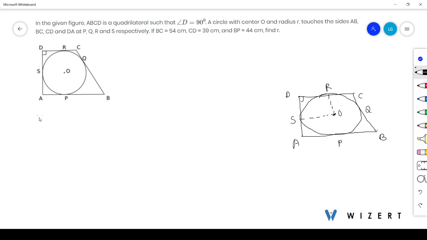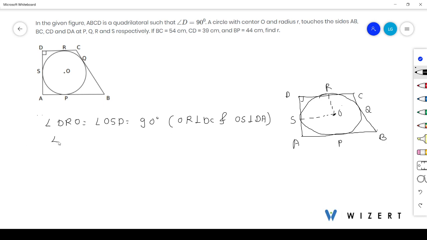Now here, the tangent to the circle is perpendicular to the radius at the point of contact. That is, OR is perpendicular to DC and OS is perpendicular to DA. Therefore, angle DRO and angle OSD are 90 degrees.